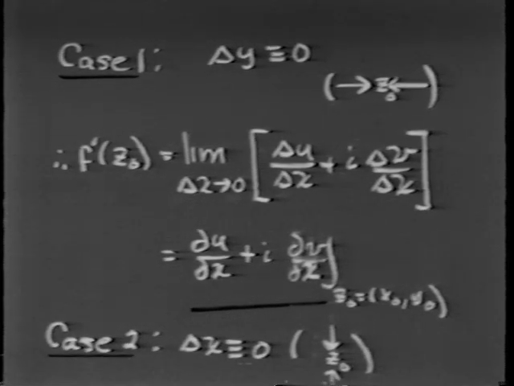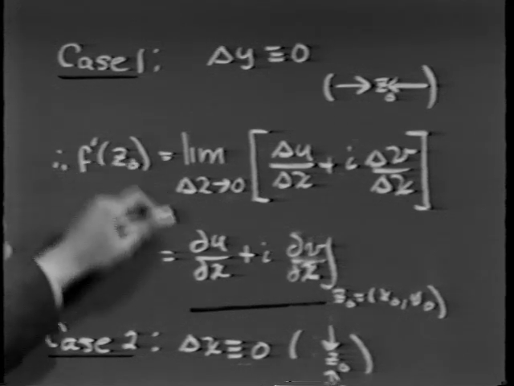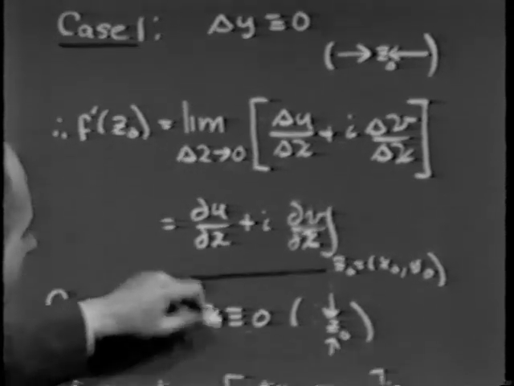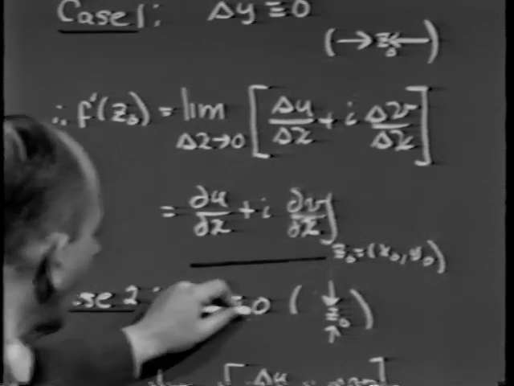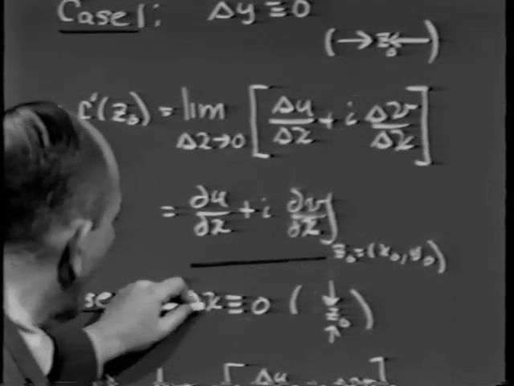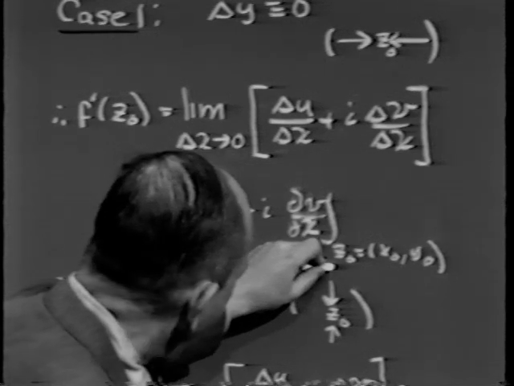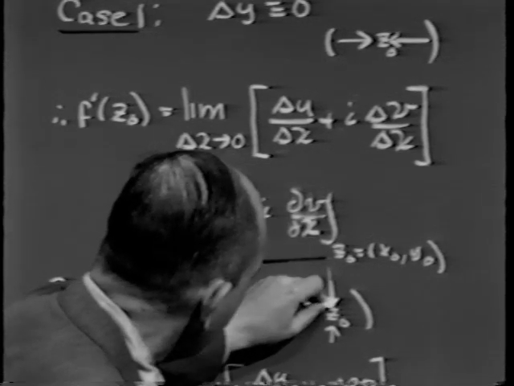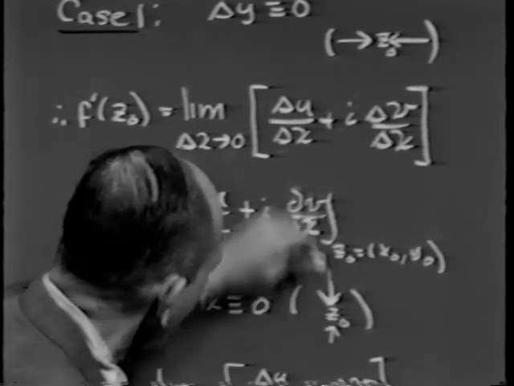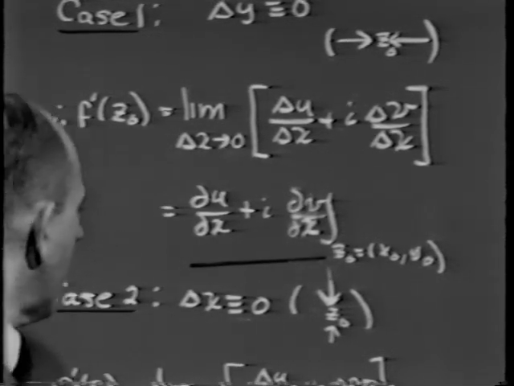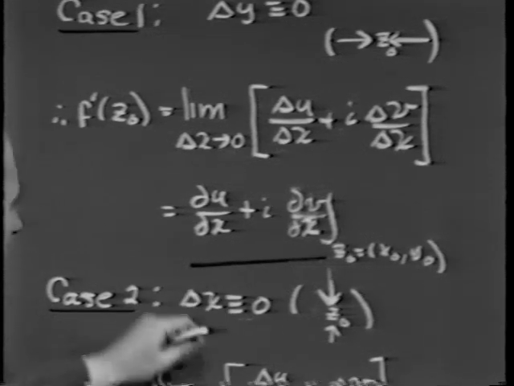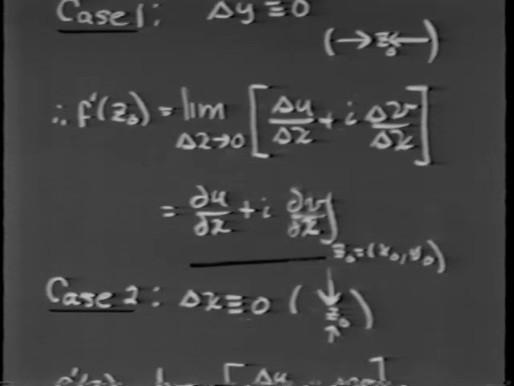On the other hand, I know that f prime of z0 has to exist and be the same if delta x is held to be identically 0. Holding delta x 0, in other words, holding x constant, means that you're now allowing z to approach z0 with delta z approaching 0 parallel to the imaginary axis, the y-axis. In this case, if delta x is identically 0, this term drops out.